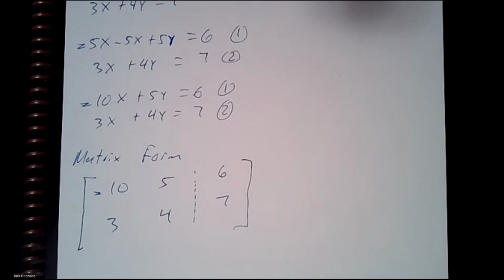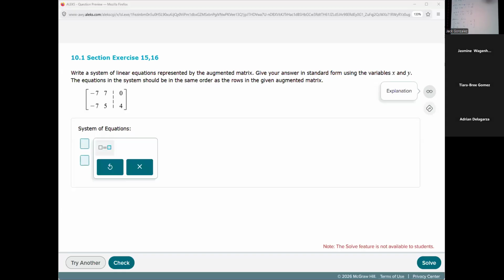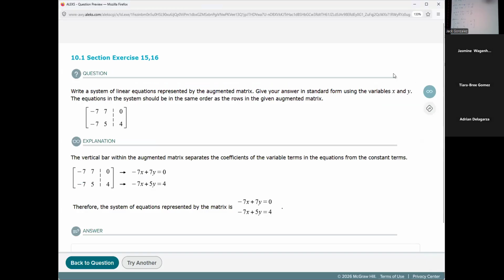All right, look at another one. So eventually we're going to want to solve them, solve the matrix. But first, let's talk about going back and forth. Check this guy out. This is what I was saying before, right? This is the X column. This is the Y column.